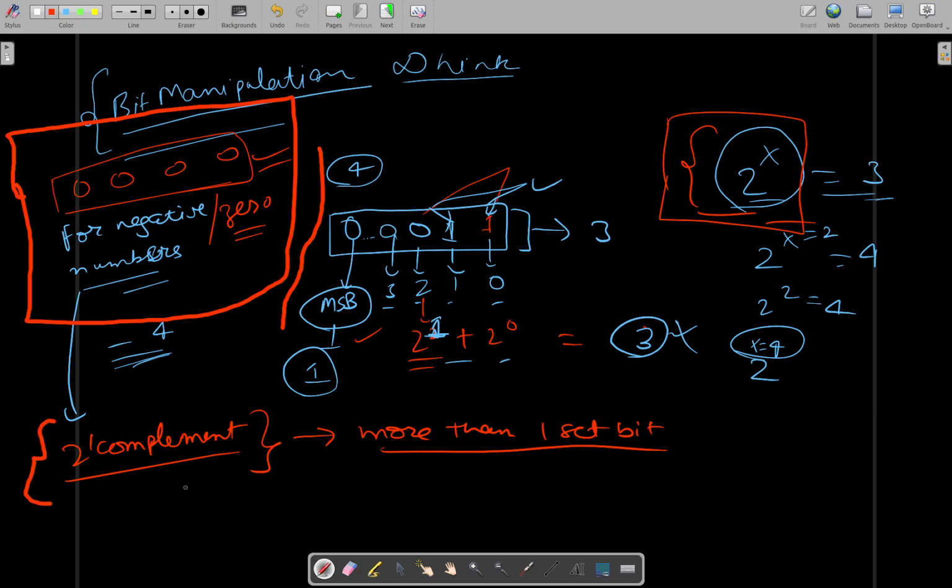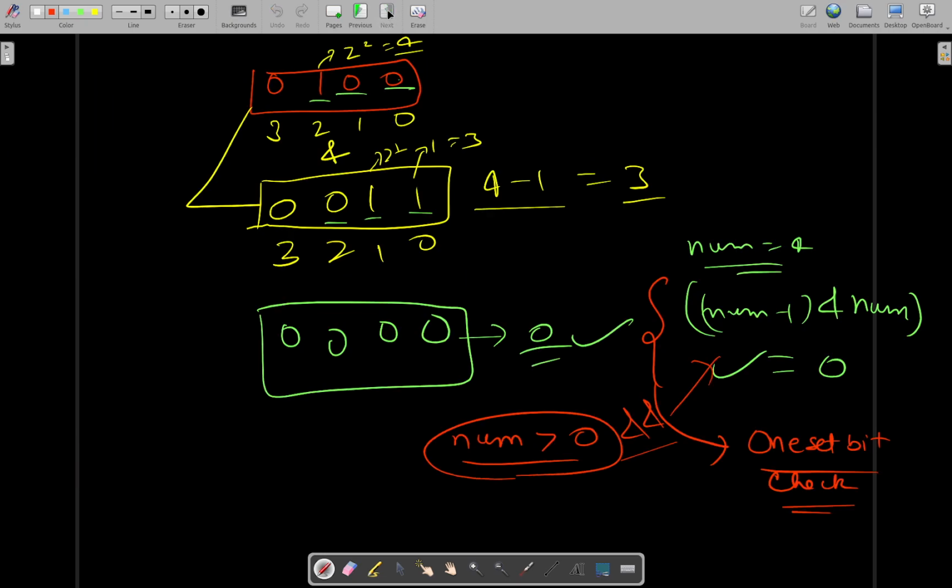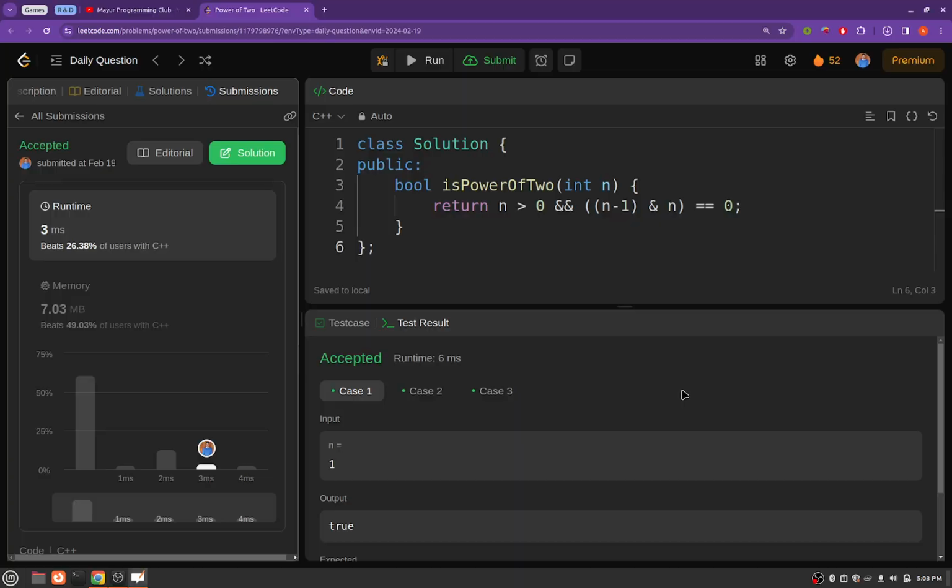So the number of set bits will surely be more than 1, so we need not have any check for that. And for a power of 2, only one set bit will be there. So we need to check whether only one set bit is there or not, and this particular condition will tell you whether we are having only one set bit or not. So that's what we applied here, and we got our solution accepted.